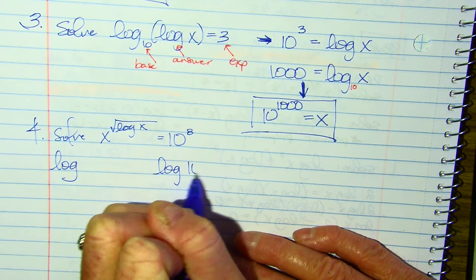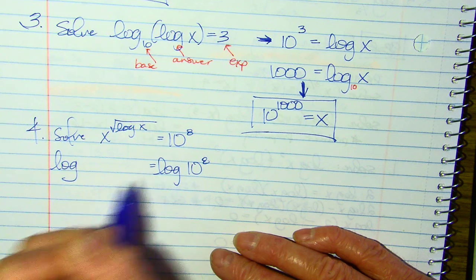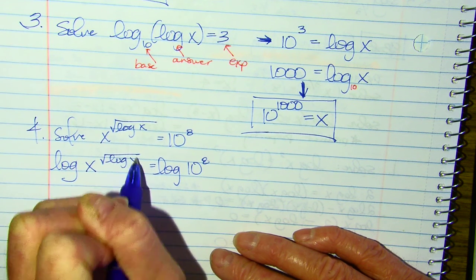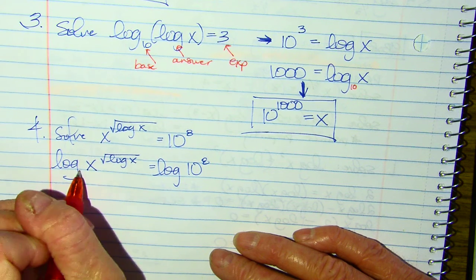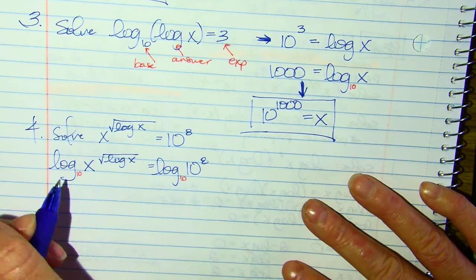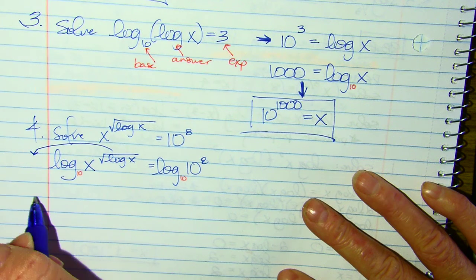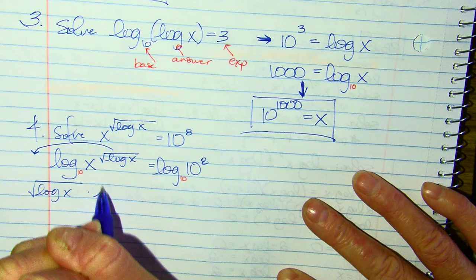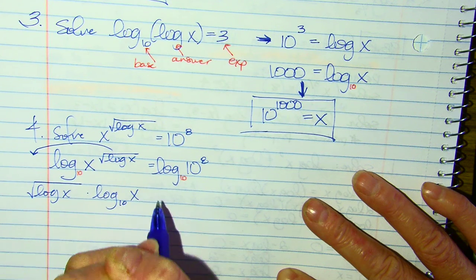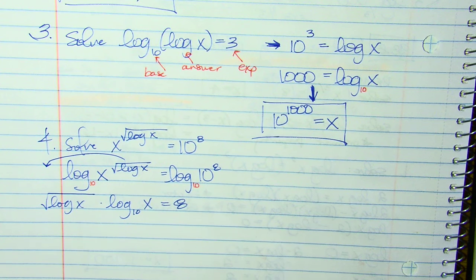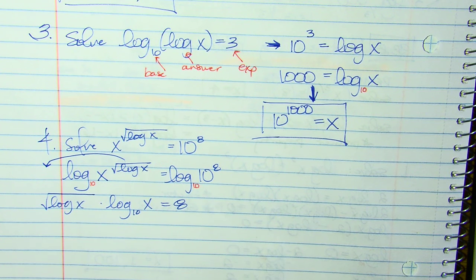So on the right, I'm going to take the log base 10 of 10 to the 8th, and on the left, I'm going to take the log of x to the square root of log of x. Now these are both log base 10. So this guy gets to come out front, the square root of the log of x times log base 10 of x equals 8, because the log base 10 of 10 cancels.